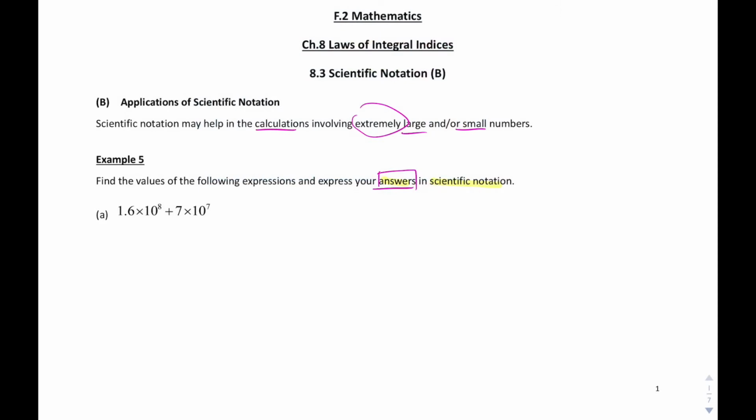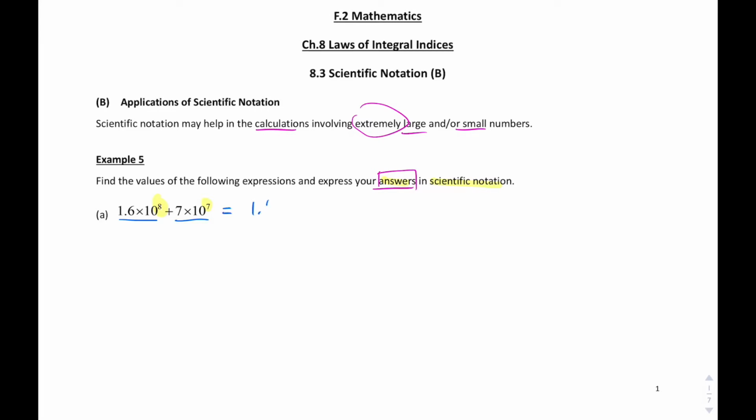For part A, both numbers are in scientific notation, but you find that the powers of 10 are not the same, so we have to do some more things before we can do the calculation without using the calculator.